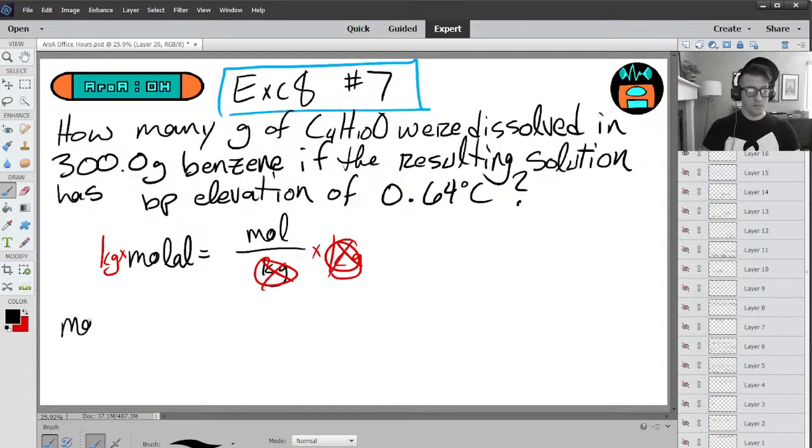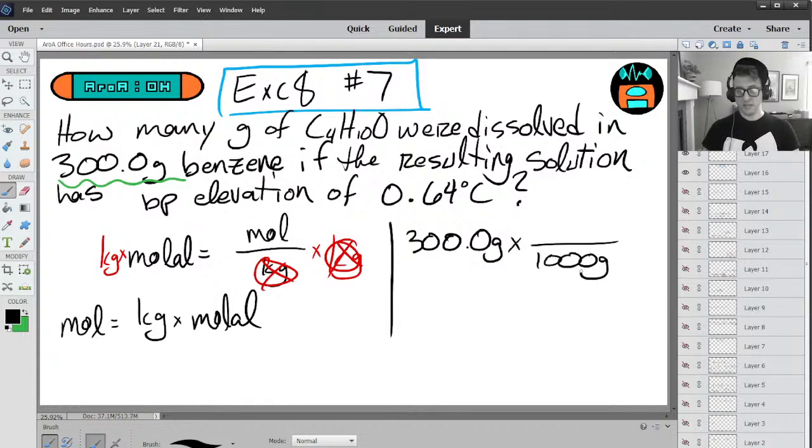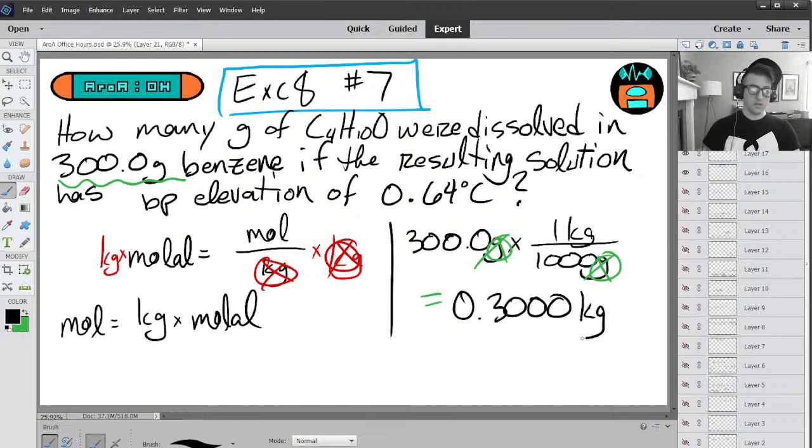So our moles of solute will be equal to the kilograms of solvent times molality. Now, we don't actually know explicitly what our kilograms are yet, mostly because we have to do a unit conversion. We have our mass of solvent in grams. We need to convert this to kilograms. So this comes out to be 0.3000 kilograms.